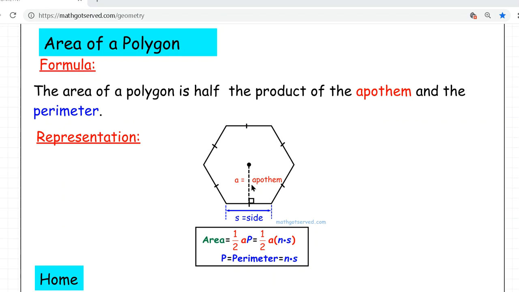It's the perpendicular distance from the center to the midpoint of one of the sides. That's your apothem. And then S is the side. So if you want to find the perimeter, you just multiply the number of sides you have times S, the measure of one side. That will give you the perimeter, and then if you multiply that by the apothem and divide that by 2, you will get the area.